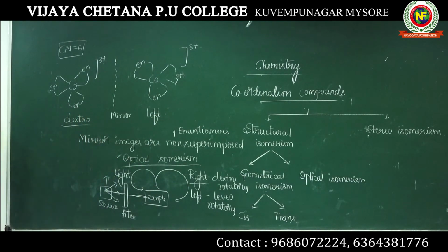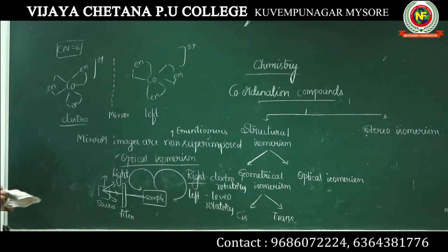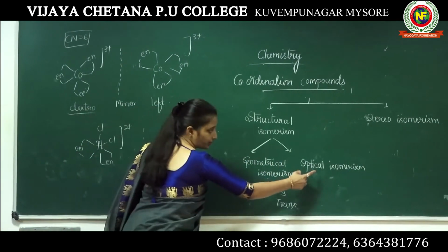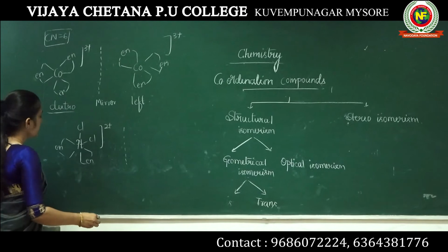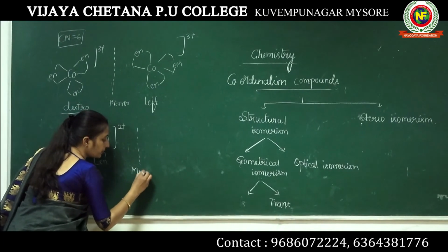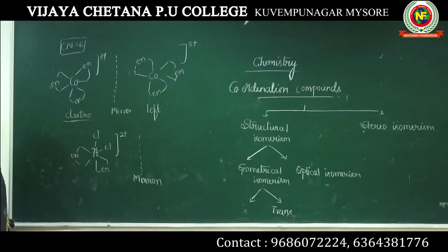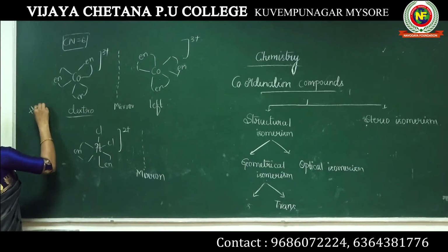This is regarding optical isomerism. Next example for this optical isomerism only. See, once again I am going to place the mirror. Just try to understand. This is a homoleptic complex.